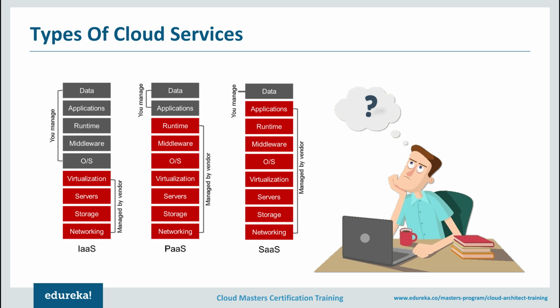You only worry about the data and the applications. And then you have software as a service where you just manage your data, and again, the vendor takes care of everything else. So these were some of the service models. As we move further, I will be giving you more examples and use cases so that you understand these points a little more. Let me just detour a little and switch to some other topic.